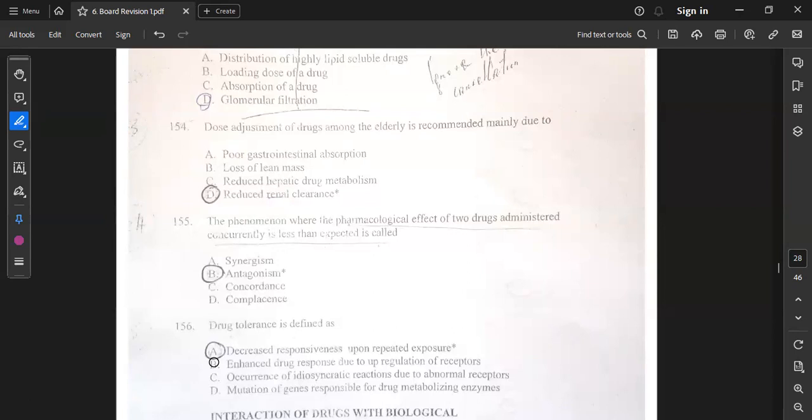I think we said that tachyphylaxis is acute, while tolerance is more chronic in terms of the time period. So tachyphylaxis happens rapidly, while drug tolerance takes time.